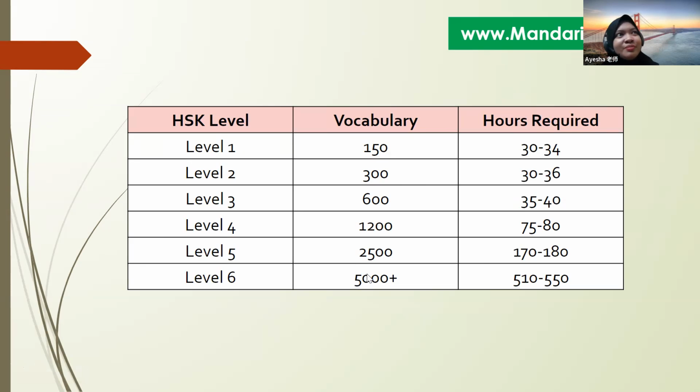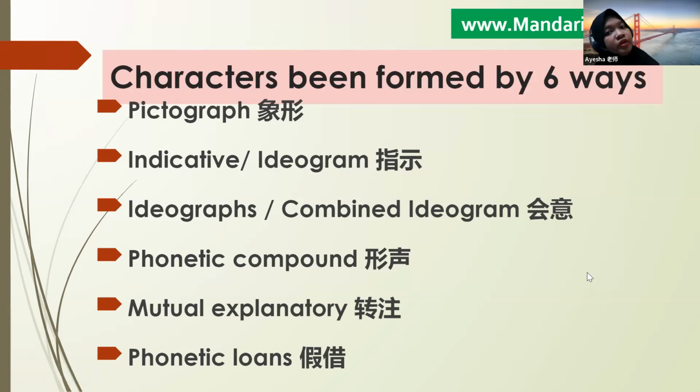I think about 4,000 plus to 5,000 should be enough. But the general level to enter any general university in China is level 5. Level 6 is for very advanced learners. So for level 5, you need to master about 2,500 vocabulary. Okay? All right.